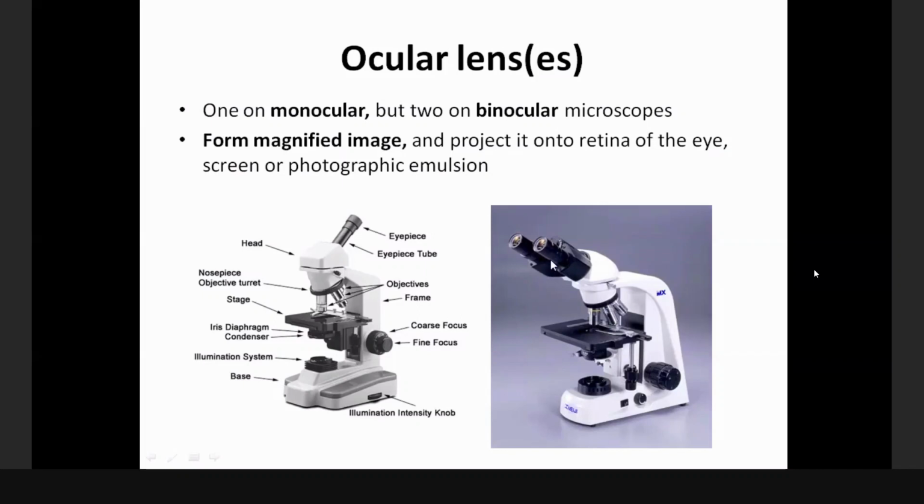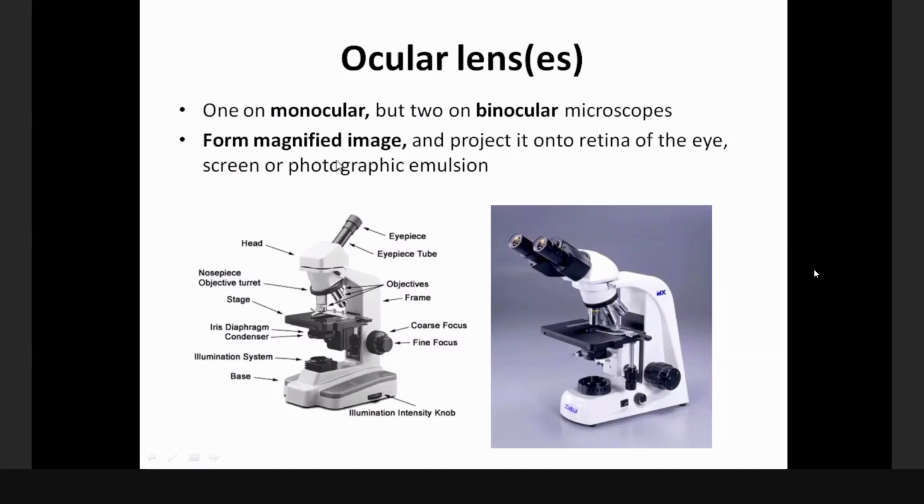The function of this ocular lens is to further magnify the image formed by any one of these objective lenses. By any one of these objective lenses, you will have somewhere in the tube of the microscope a magnified image.